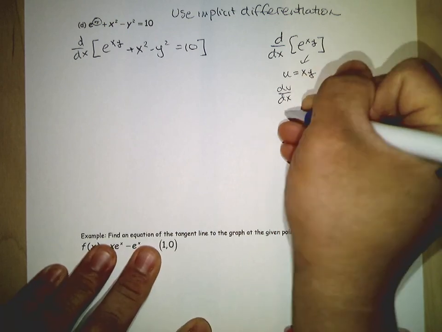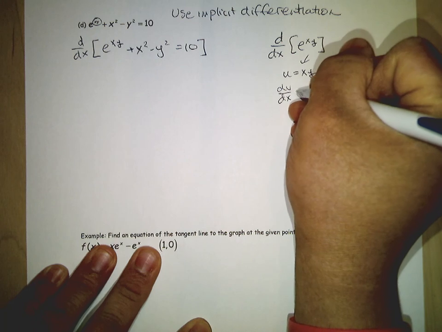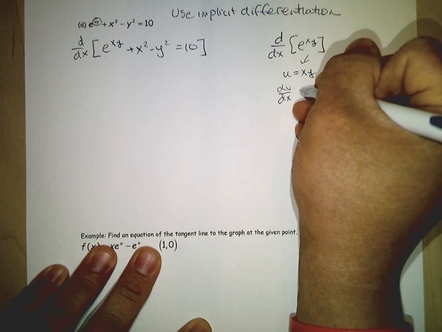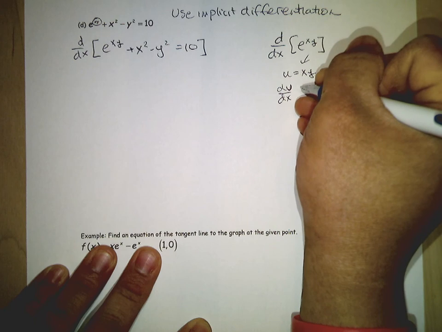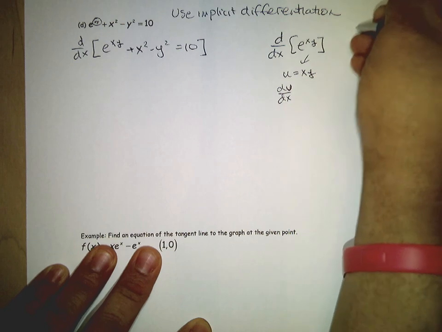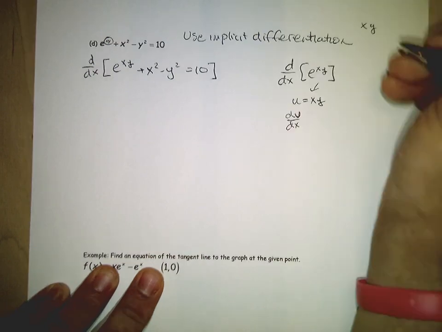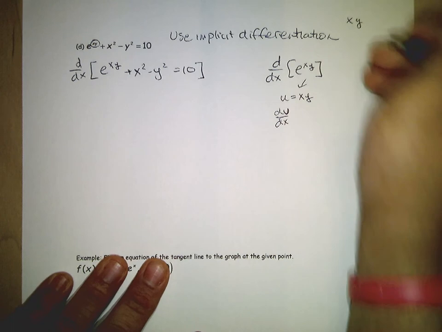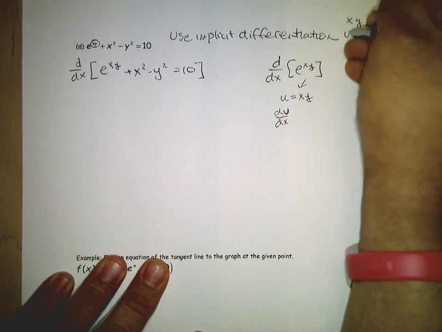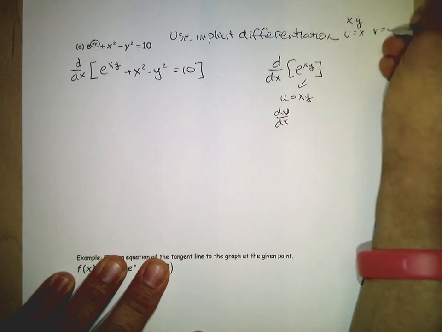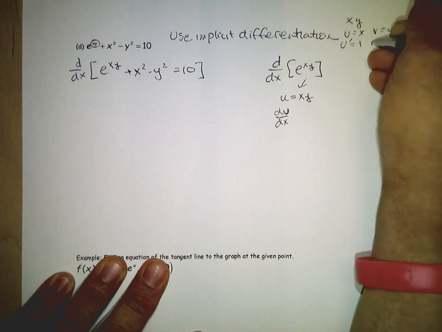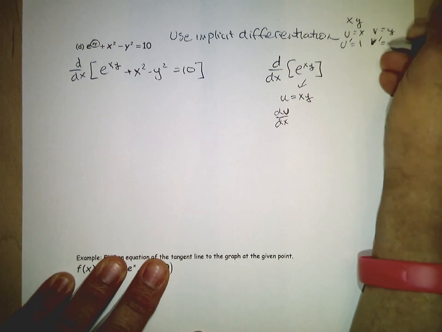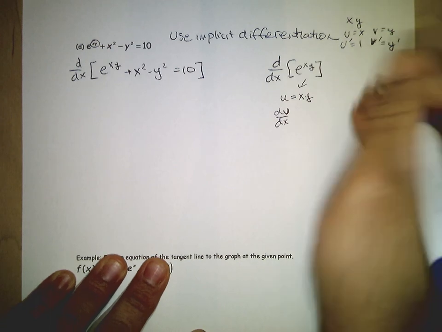So if we have here the product rule, the derivative with respect to x of x times y will be, all right, I'll do this off to the side. u is x, v is y, u prime or du/dx will be 1, and v prime or dv/dx would be y prime, dy/dx.